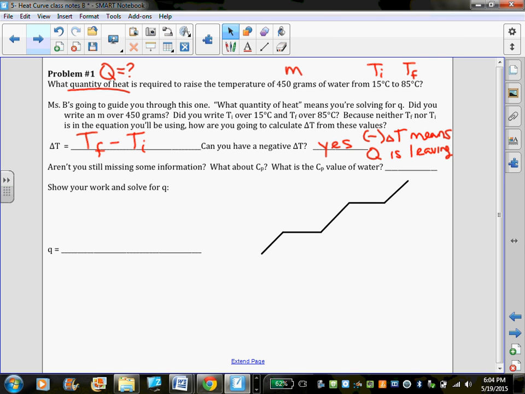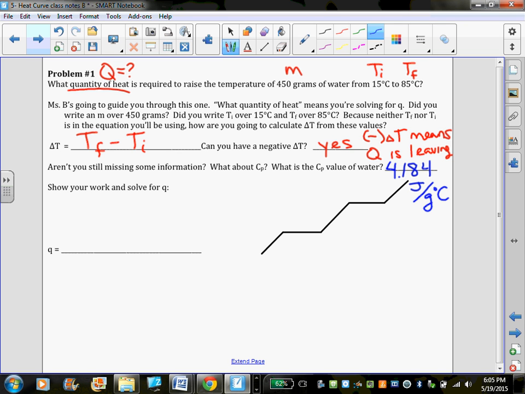So you guys should already know, hopefully it stayed in your brain over the many months since first semester. But the specific heat of water is 4.184 joules per gram degree Celsius. All right? So let's do it.